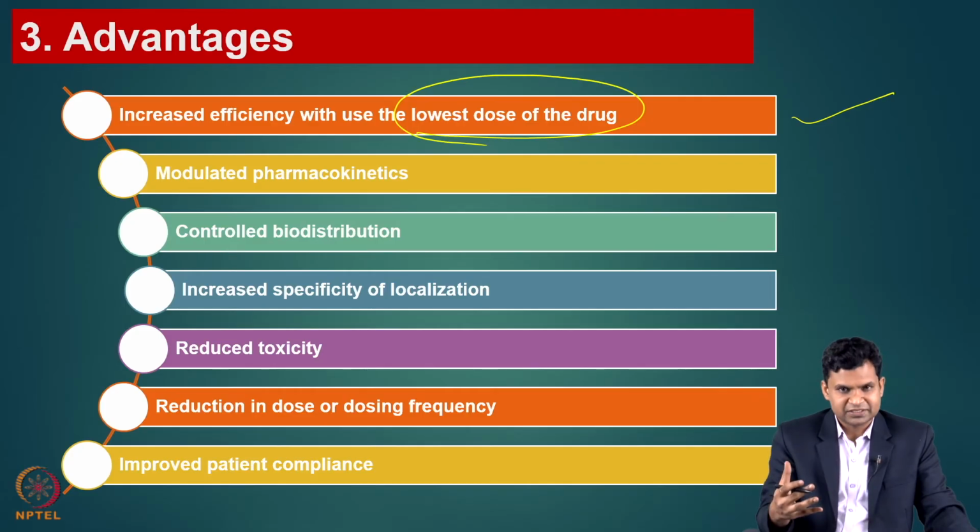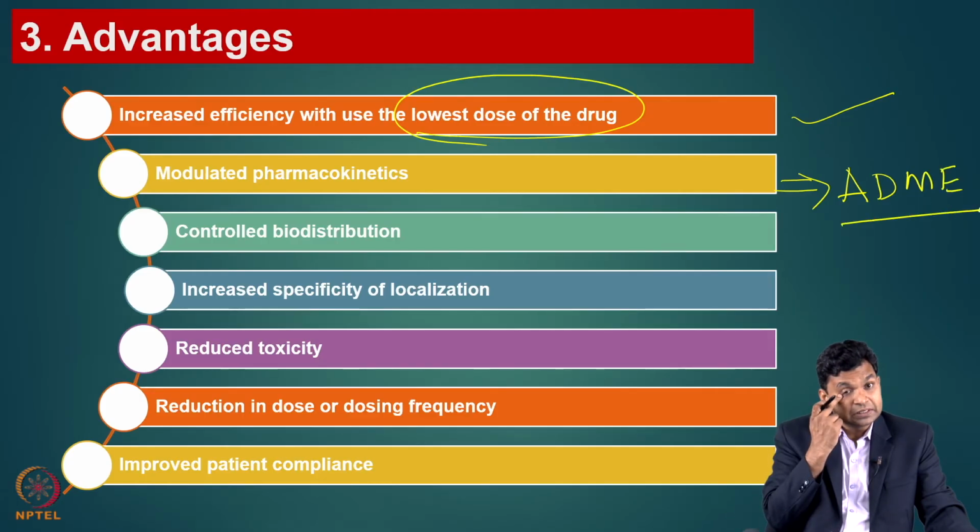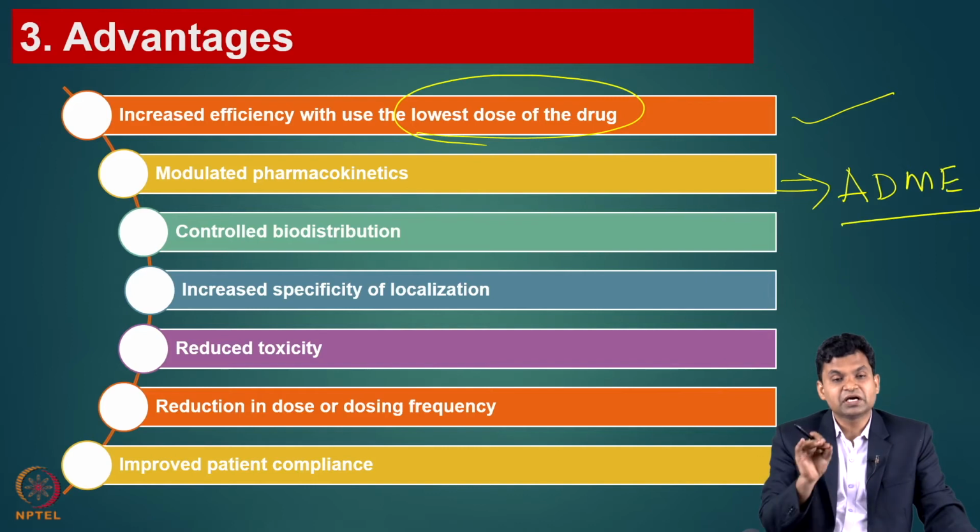When you use targeted systems, by modifying their surfaces with active targeting or ligands, you will see a lot of change in their absorption, distribution, metabolism and excretion profile. So, with targeted systems, we can also modify the pharmacokinetics of the formulations.